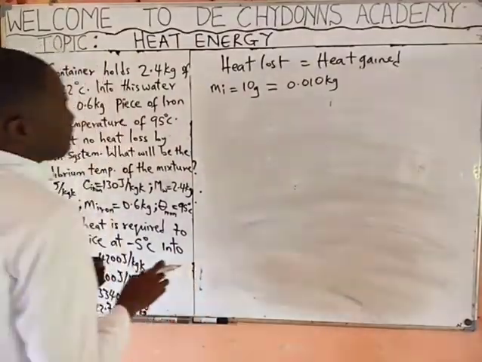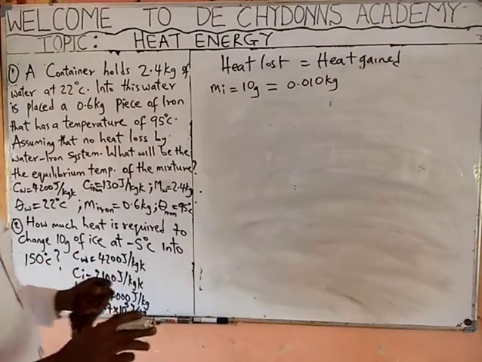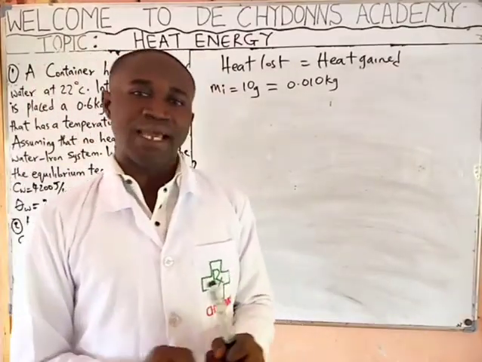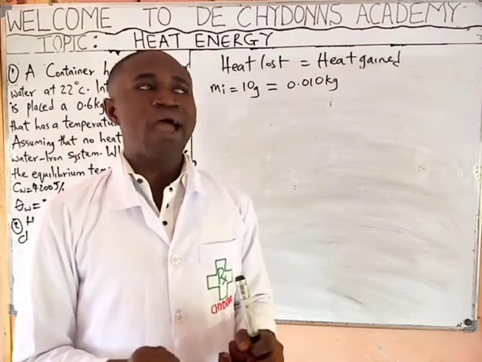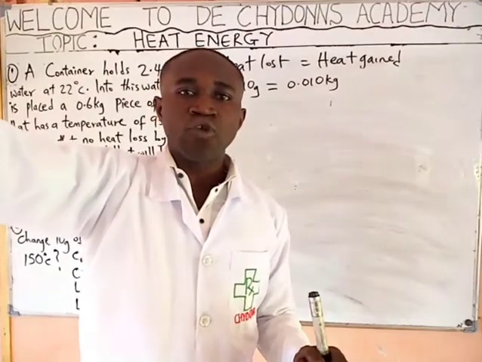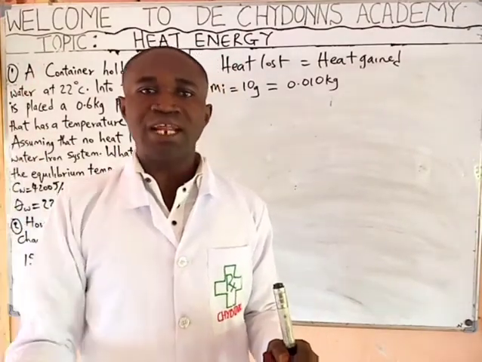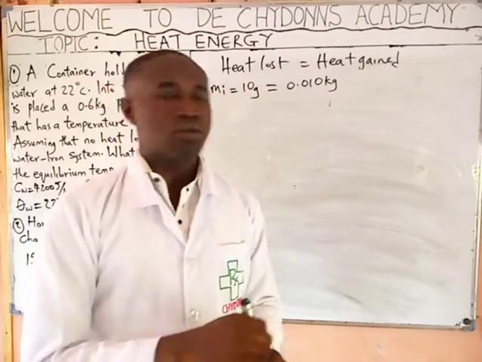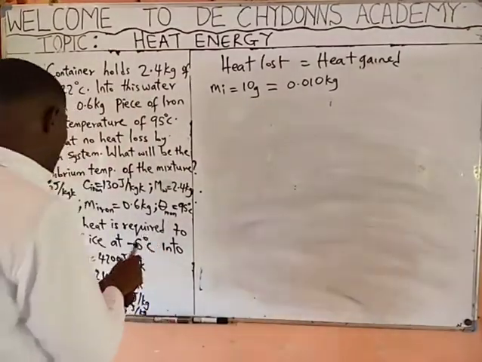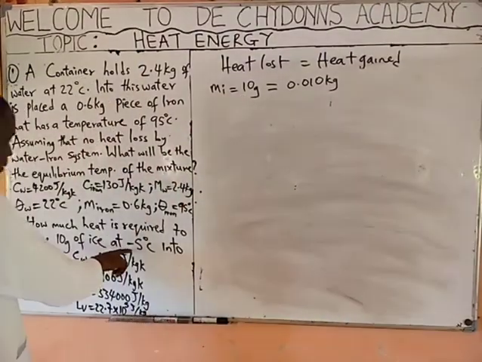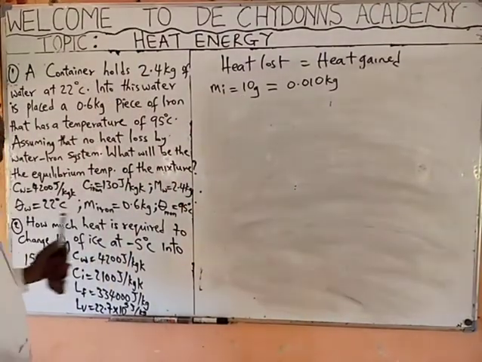Now, ice, the temperature of an ice is always negative. That is why for it to start melting, it has to move from negative to 0, because 0 is greater than negative. Then from 0, it goes on. So what happened now is that they said the ice is to move from temperature of -5 to 150.